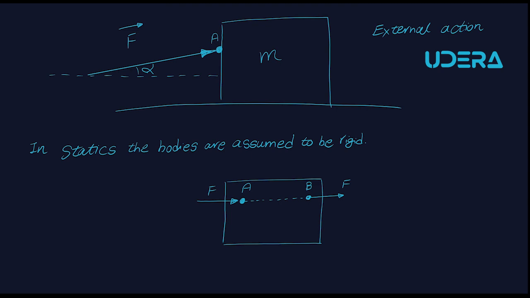So the force vector in a rigid body is considered as a sliding vector, which means that it remains its magnitude along the line of application.